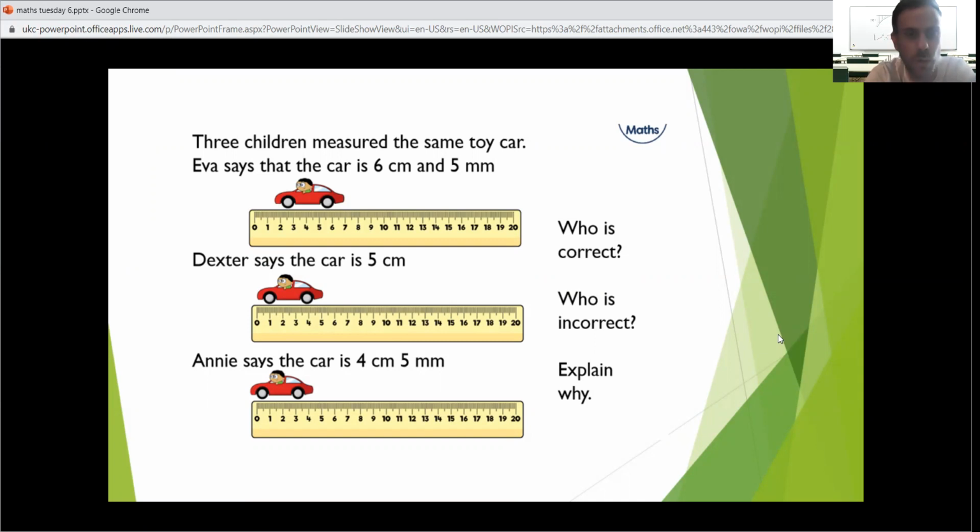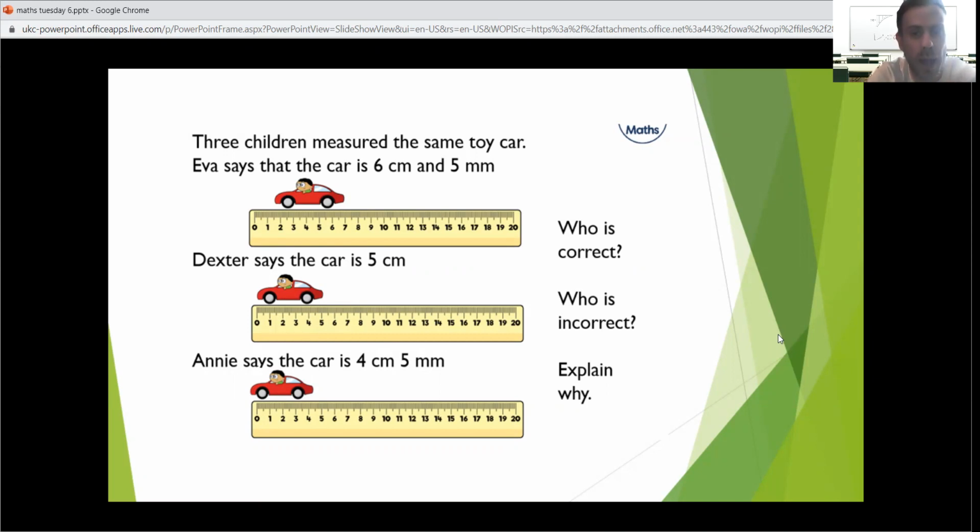Each child's measured it with their ruler. And they've all said a different length. So Eva says 6 centimeters, 5 millimeters. Dexter says 5 centimeters. Annie says 4 centimeters, 5 millimeters. Okay, so have a little think. Who do you think has measured that correctly, and can you explain why?